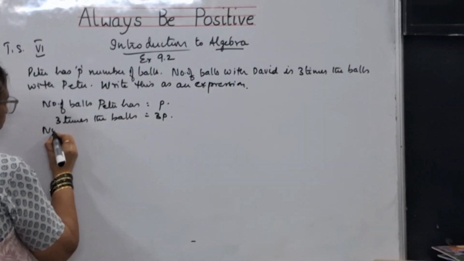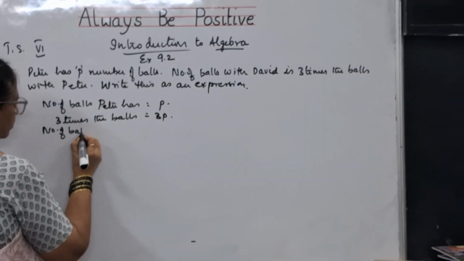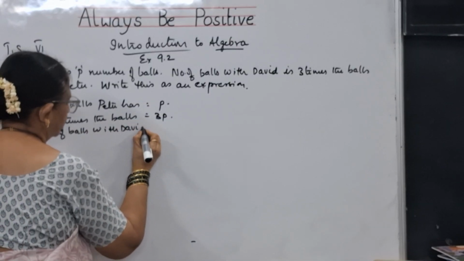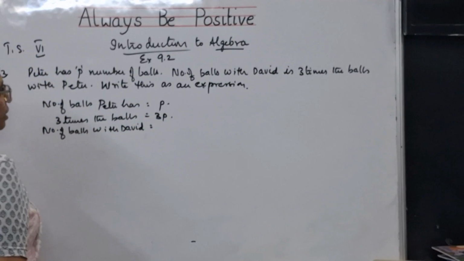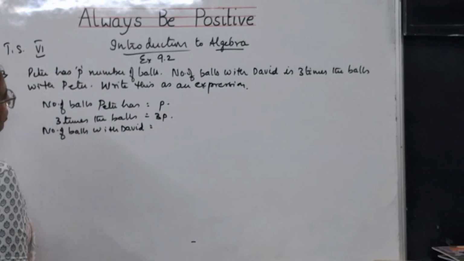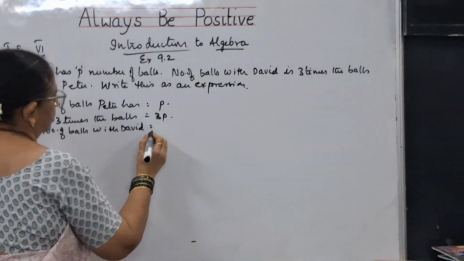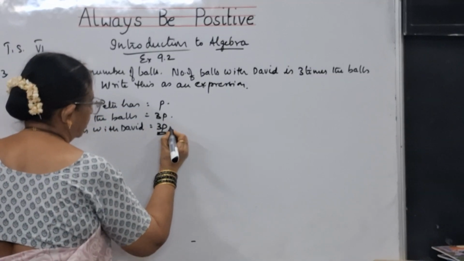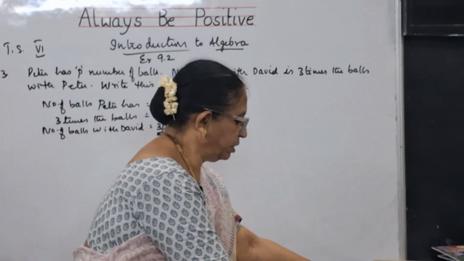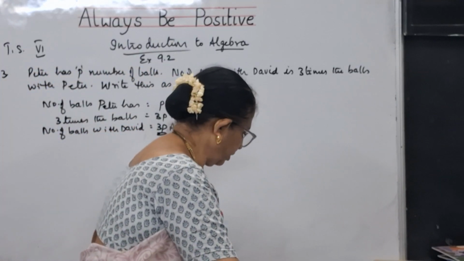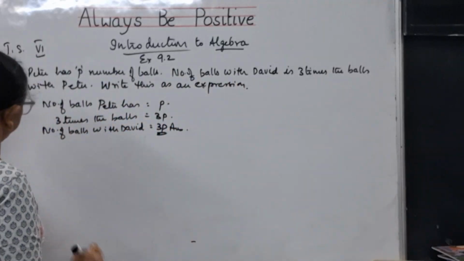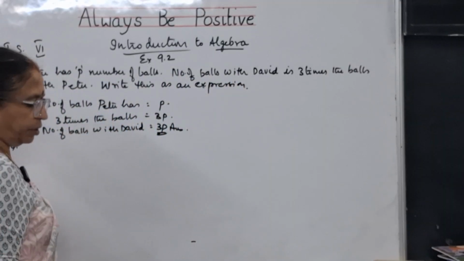So number of balls with David is, what did they say? 3 times the balls with Peter. That is 3P is the answer for it, children. This is the third problem. Now fourth problem.